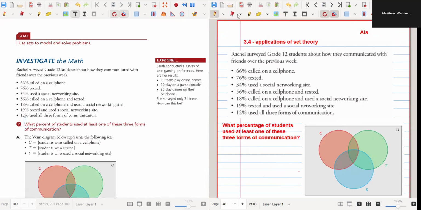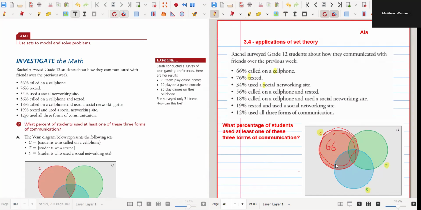The first thing to know is I need to label some stuff, and you can see that this has already been done. For example, cell phones are red, it's our C. Texted is our T, and social media is our S, right? So this is saying that in this entire circle here, it's 66%.